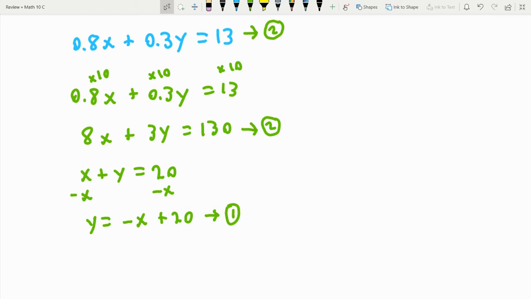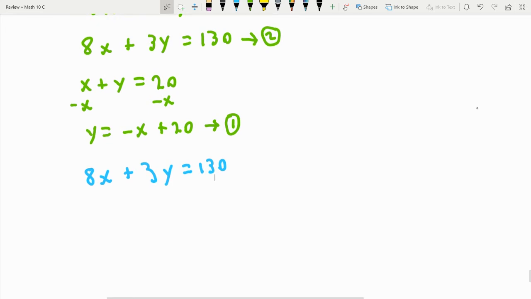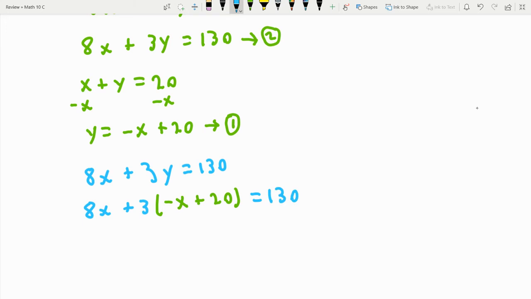So now let's substitute equation 1 into equation 2. First off I have 8x plus 3y equals 130. So let's plug in my value of y: 8x plus 3 times negative x plus 20, and that equals 130.